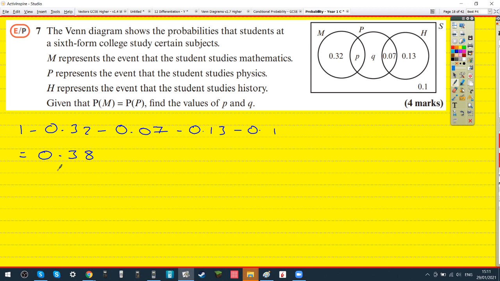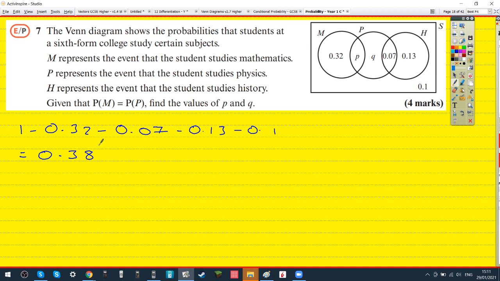And so now, I feel like with Q and P and 0.07, I need to do something there.